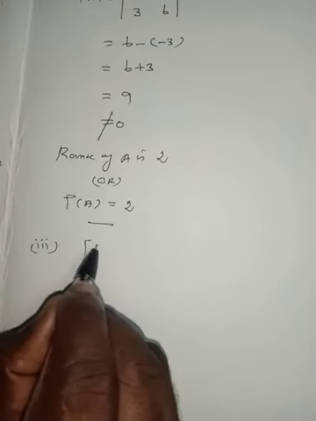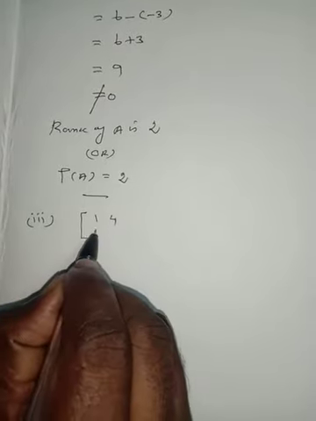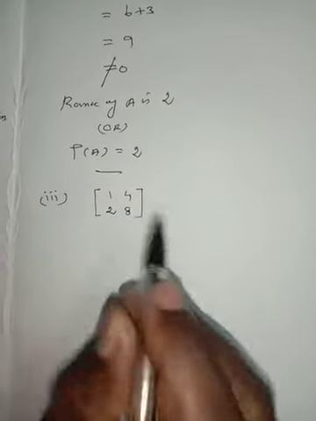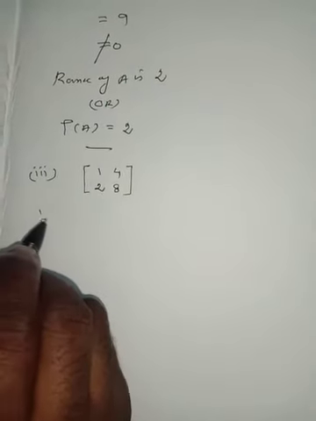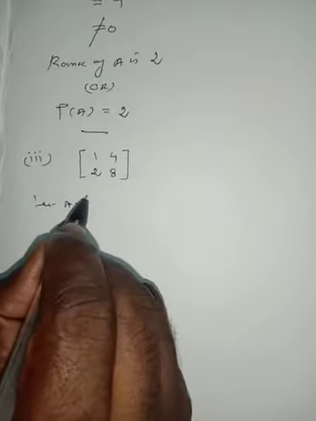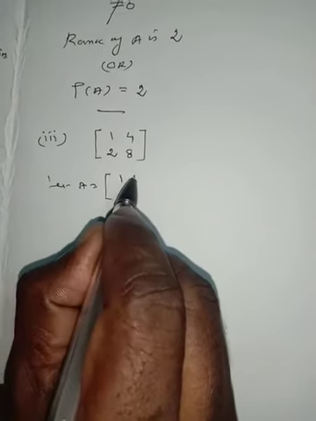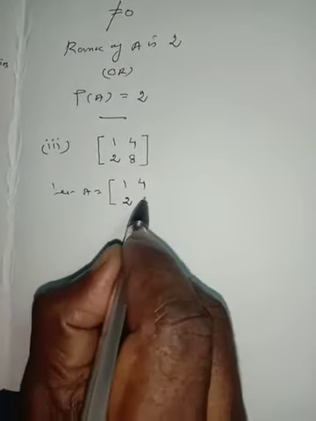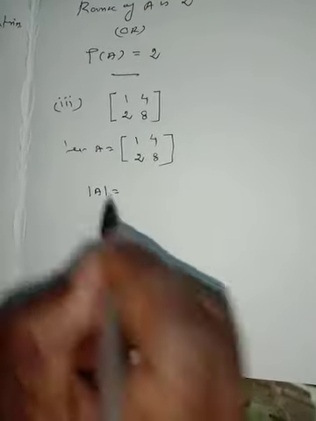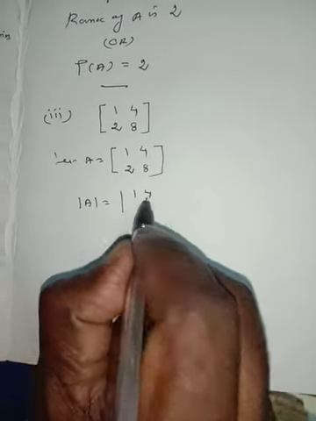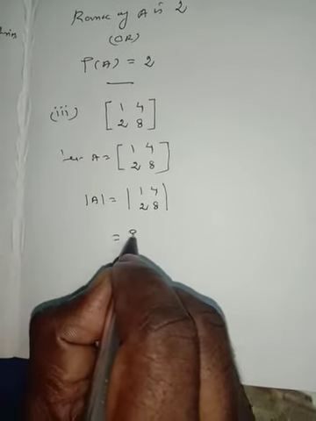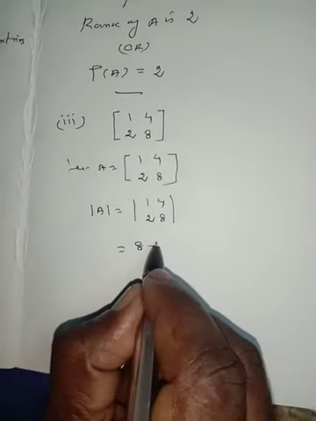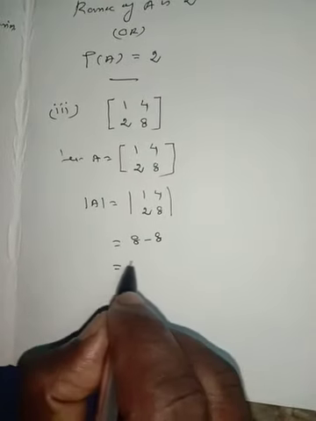The 2 cross 2 matrix is 1 4 2 8. Let capital A be 1 4 2 8. Determinant of A is 8 minus 8, which is equal to 0.